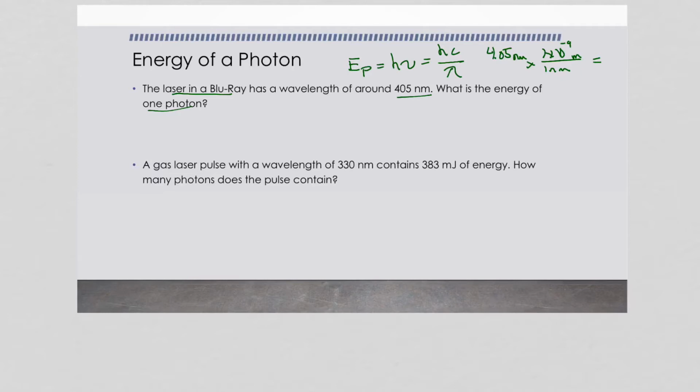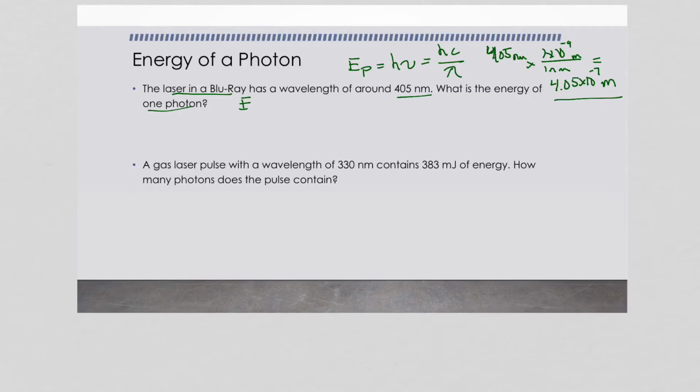If we do that math, we get 4.05 times 10 to the minus 7th meters. This is something you're going to be doing quite often: we're often given wavelength in other units like nanometers, but for calculations we need it in meters.